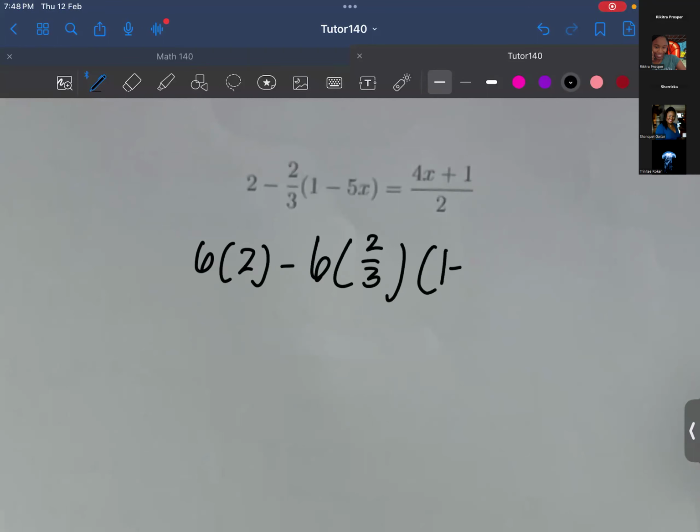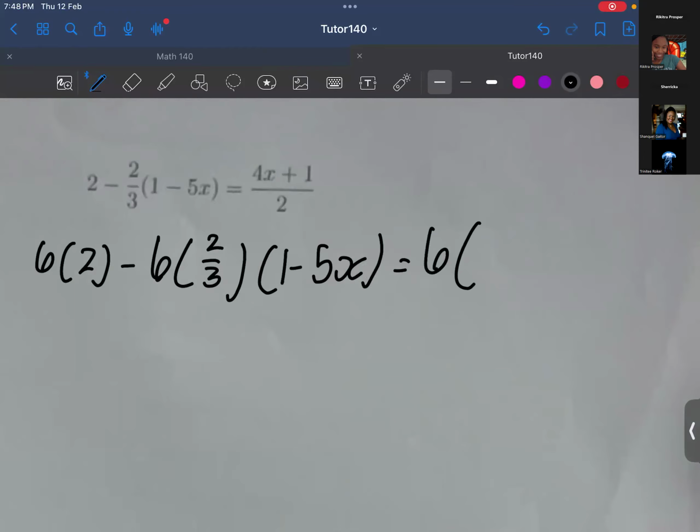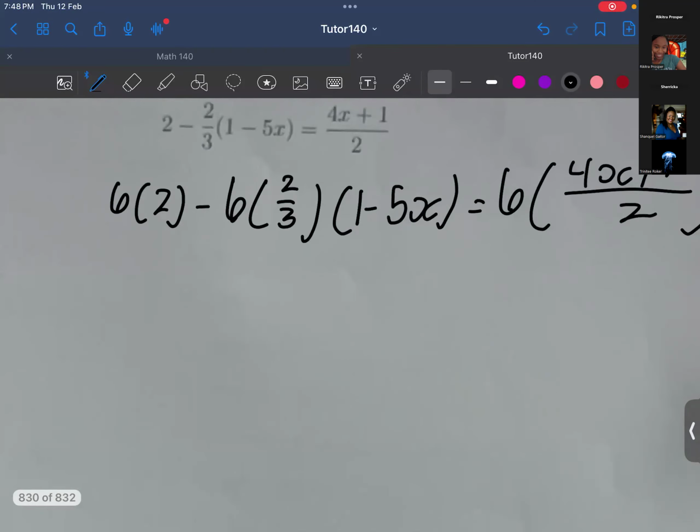And that being multiplied times 1 minus 5x equals 6 times 4x plus 1 over 2. So 6 times 2 is 12 minus 6 times 2 is 12 again.